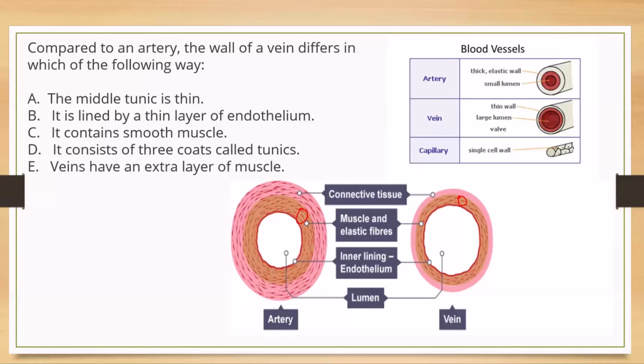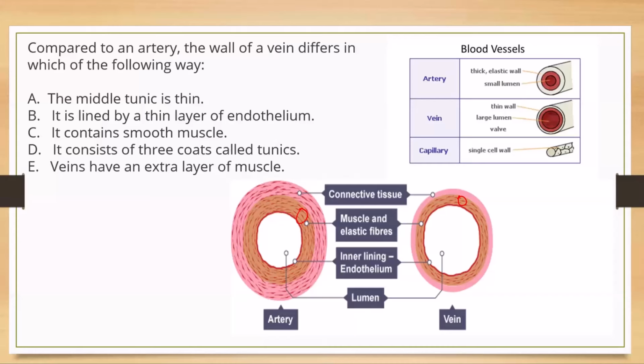The rest are actually correct for both of them. They are all lined with endothelium, they all contain smooth muscle, and they all have three layers: the intima, the media, and the external layer, or the inner, the middle, and the outer. Your answer is definitely that the middle layer is very thin.